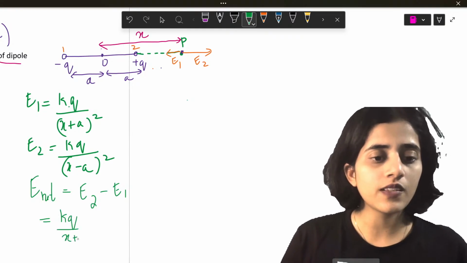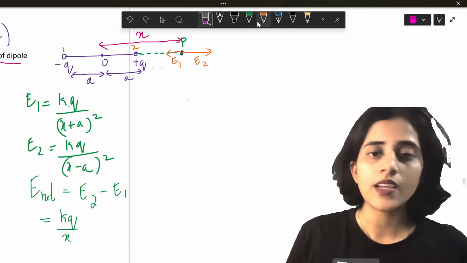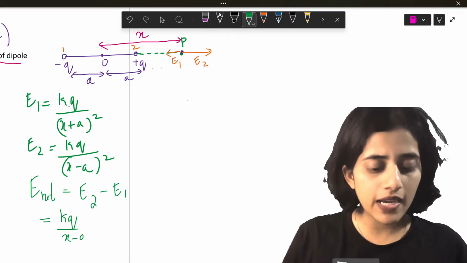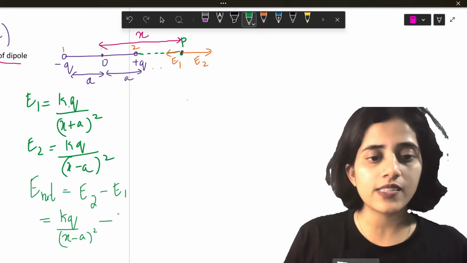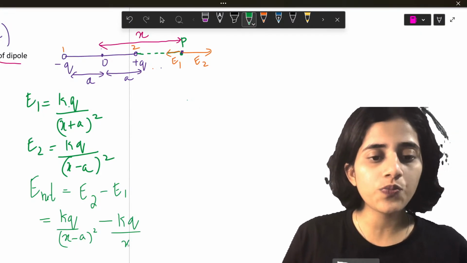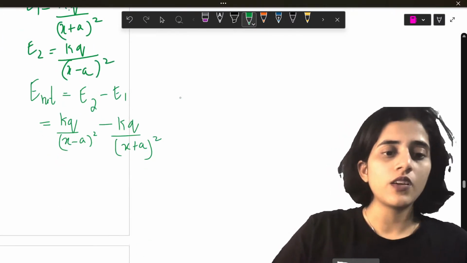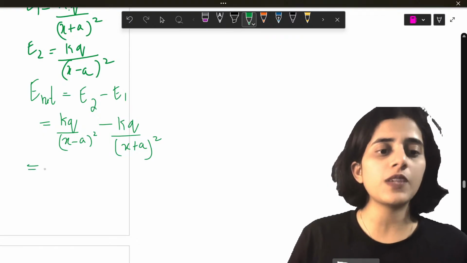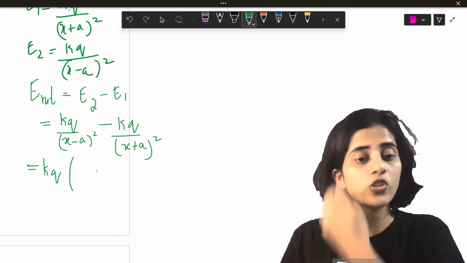KQ over X minus A the whole square, minus KQ over X plus A the whole square. Alright. So this is going to be equal to K into Q. I take it outside. Now I will cross multiply.